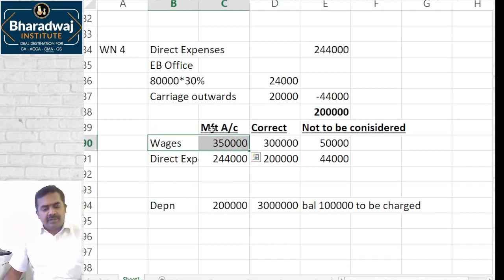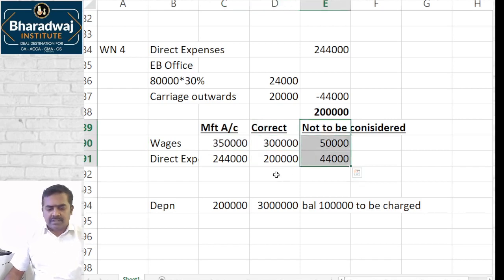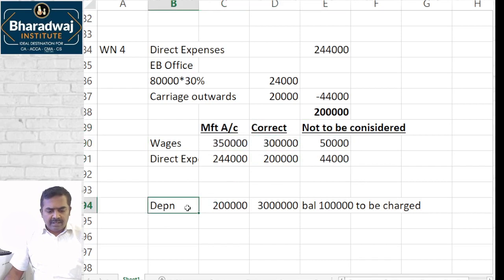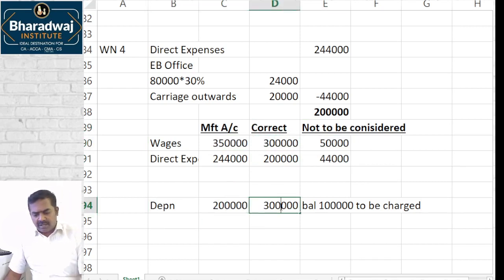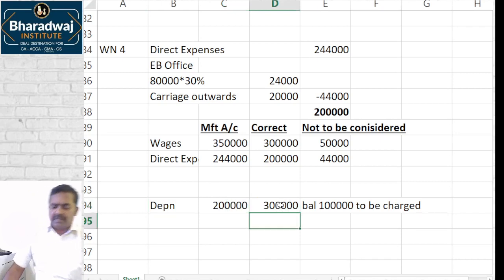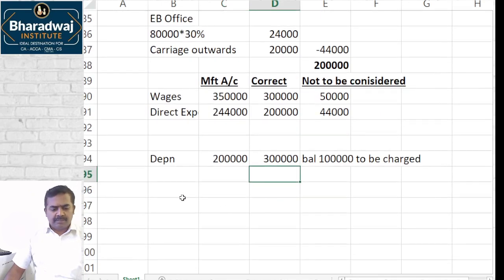Out of 3,50,000 of wages, the correct amount is only 3 lakhs, so 50,000 is not to be considered. We charged depreciation of 2 lakhs but should charge 3 lakhs. Balance 1 lakh to be charged.